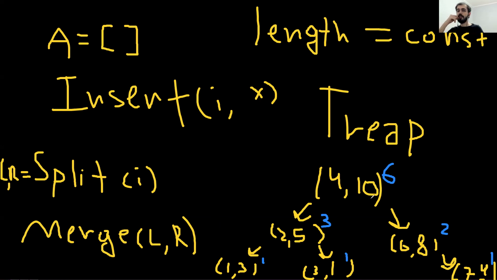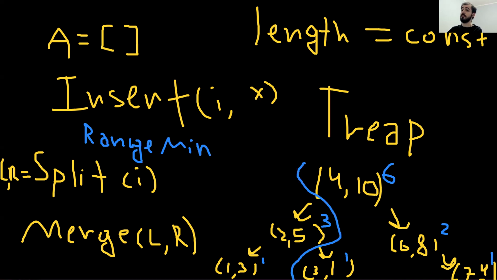So once you more or less understand how to split and merge, you may be interested, okay, so I know how to insert, but how do I actually query a range sum or range mean? I will answer in the same way.